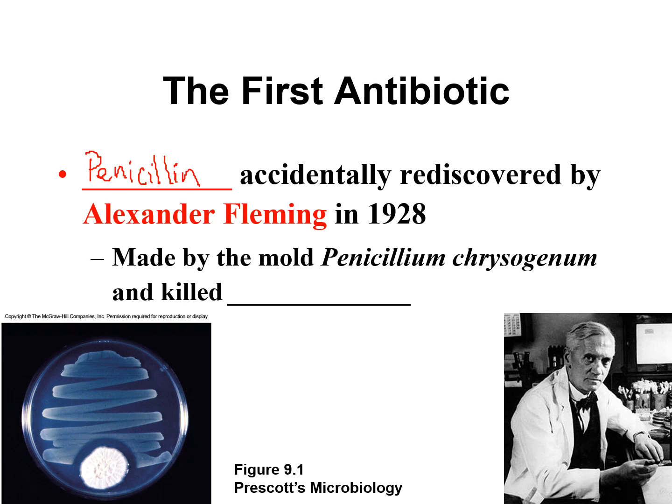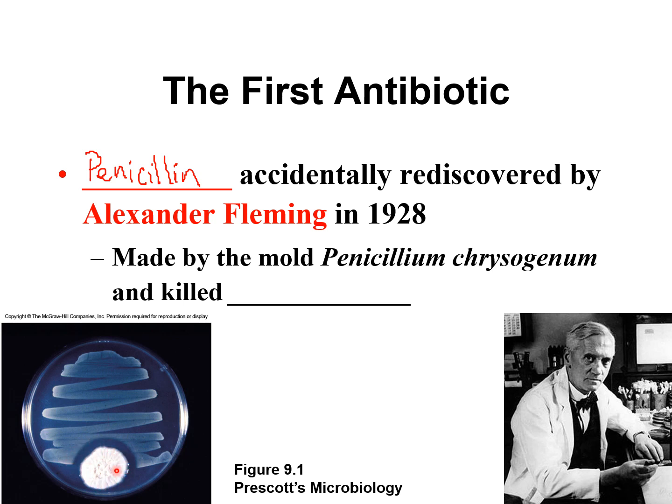So he was gone for a couple weeks and came back and went to do his dishes. And he noticed on one of the petri dishes that had been sitting out without the lid on it that some mold had landed on the petri dish. And around the mold, the Staph aureus bacteria had been killed off.